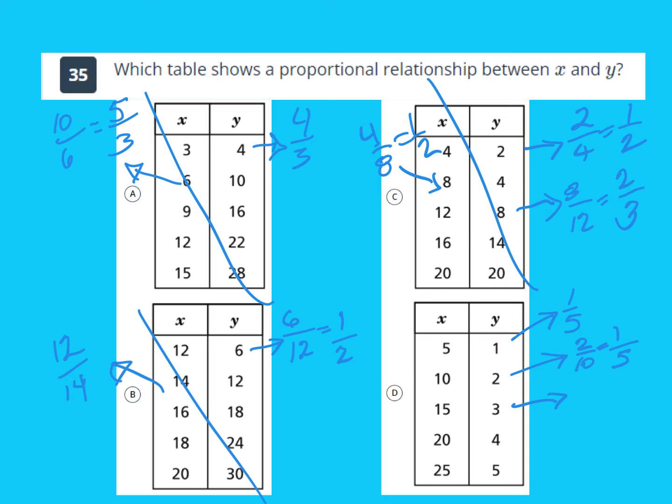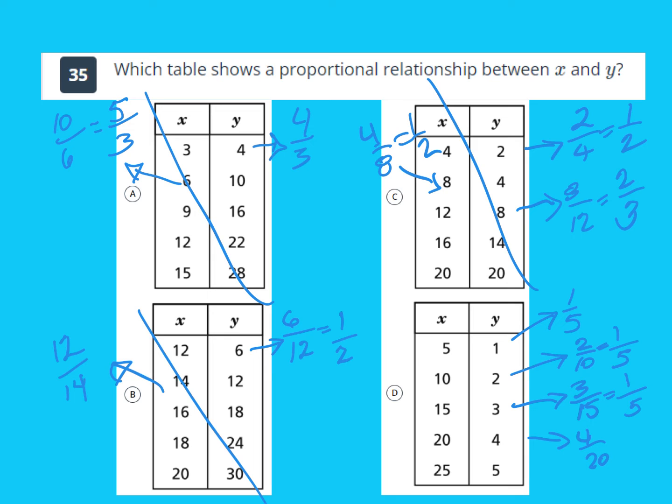Next, I've got 3 over 15. The number they share is 3. 3 goes into 3 once. 3 goes into 15 5 times. Looking good. 4 over 20. The number they share is 4.